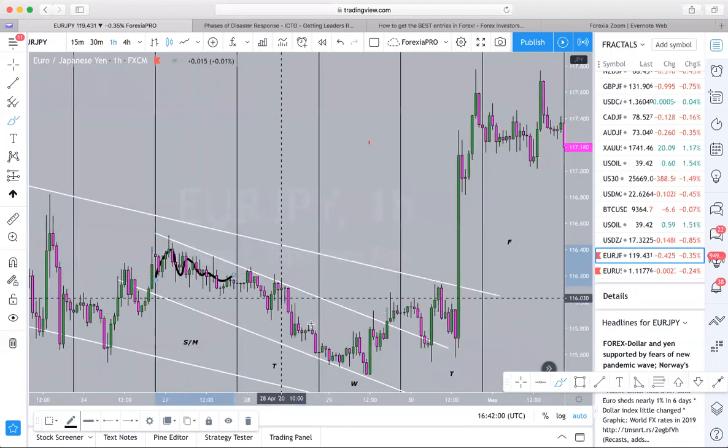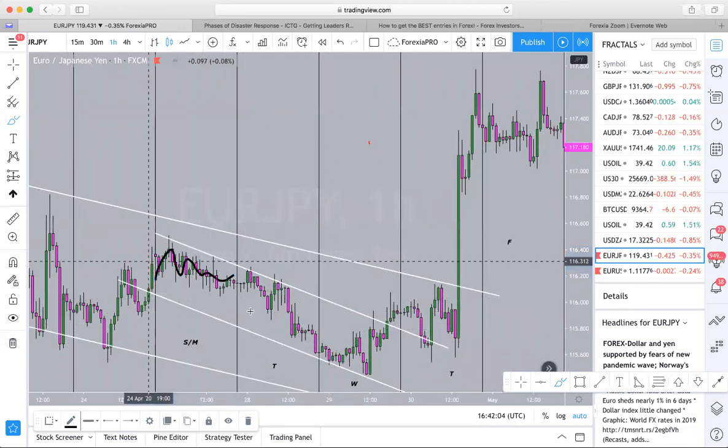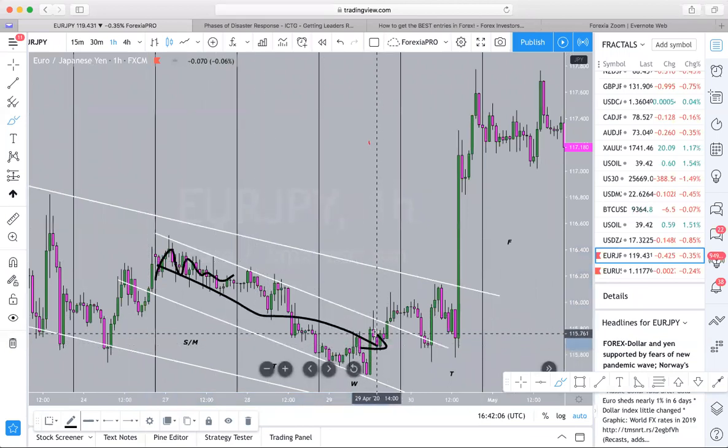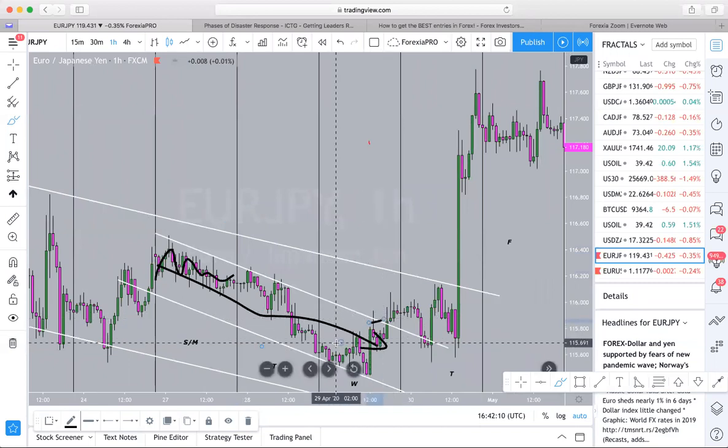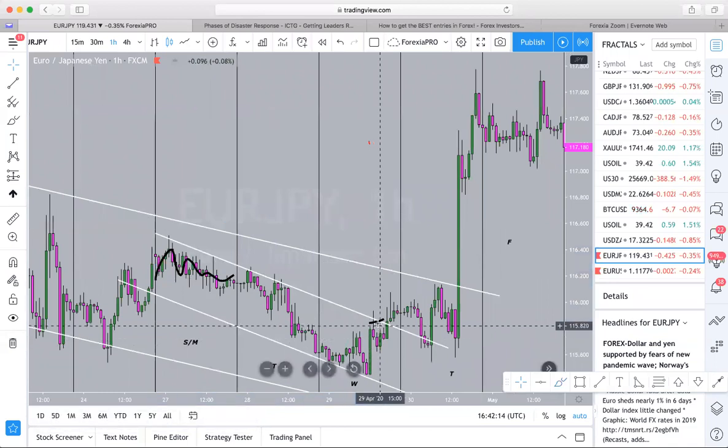Sunday, Monday, Tuesday, Wednesday, look at this perfect trend. As if you could just sell right here and make money. That's what they want you to believe.